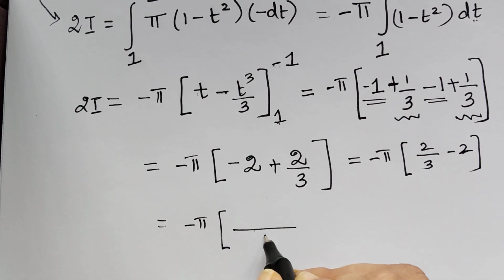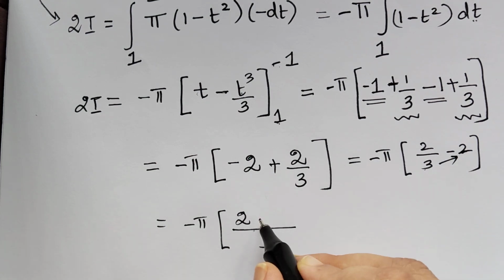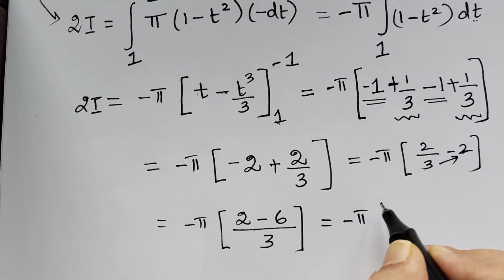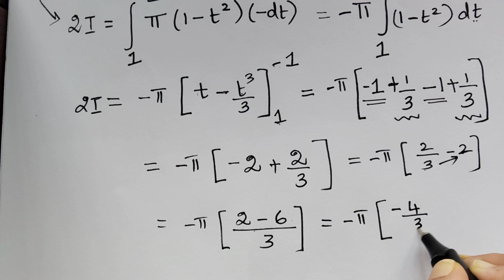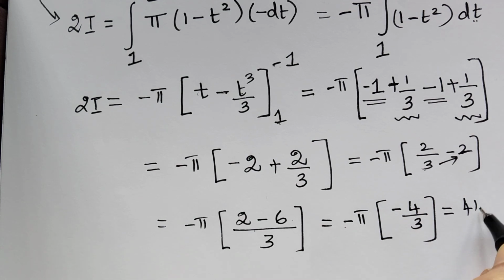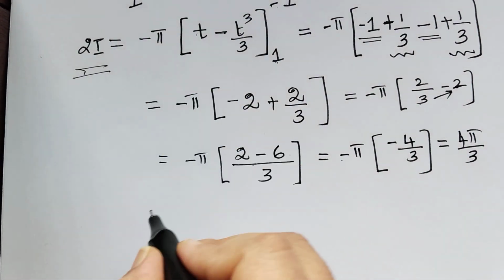The LCM is 3 and this comes as it is. So 3 multiplied with 2, 3 2 times is 6. So that's equal to minus pi multiplied with 2 minus 6, which is minus 4 by 3. So minus into minus will become plus. So we will have 4 pi by 3. So therefore we are getting, what is the left hand side? 2I.